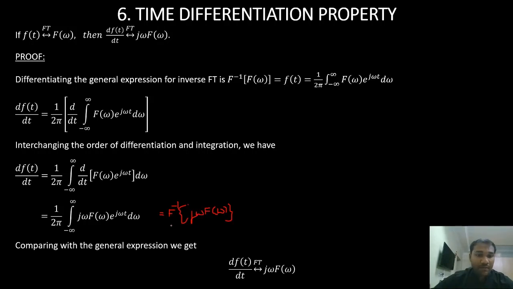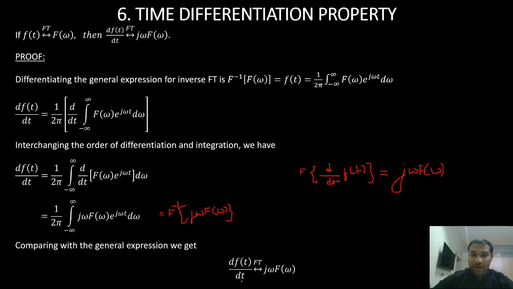If I take this Fourier inverse to the other side, it is nothing but Fourier transform of d by dt of f of t is equal to, on the right hand side, j omega f of omega.